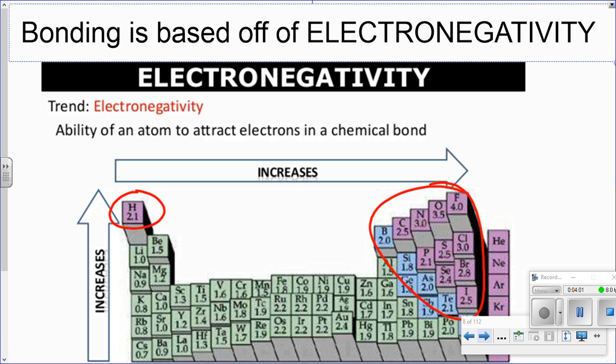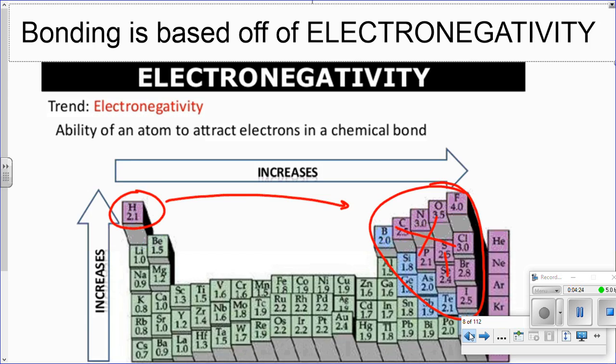So again, they're between two nonmetals that are not the same, so between O and H, or N and O, or P and O, or S and Se, or C and Cl. Those are polar covalent bonds, because they're between two nonmetals that are not identical.